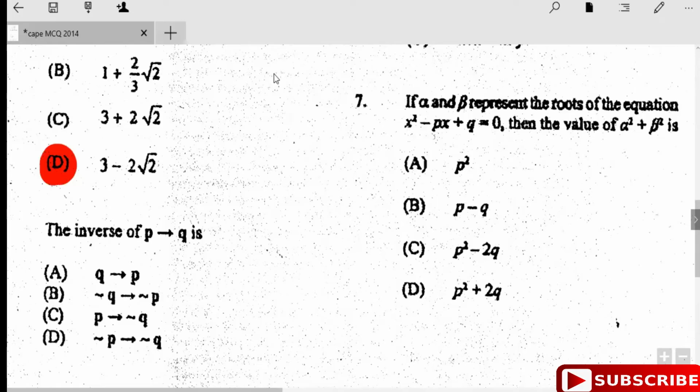So let's say for this year they decide to change the question. Just to know them all, P implies Q is known as the conditional statement. The conditional statement is logically equivalent to not Q implies not P. What is not Q implies not P?